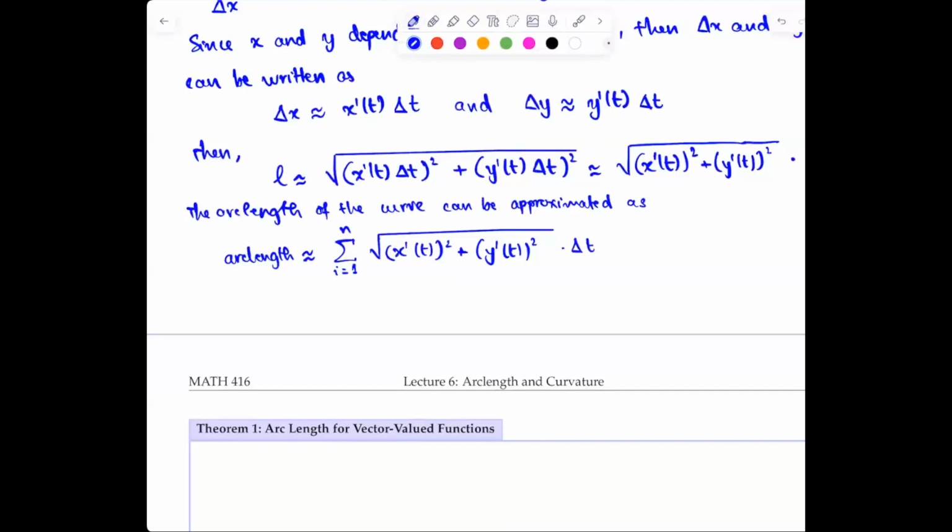And when you add the index, you should have x sub i prime and y sub i prime. The i is the index to indicate how many points you have along the curve.